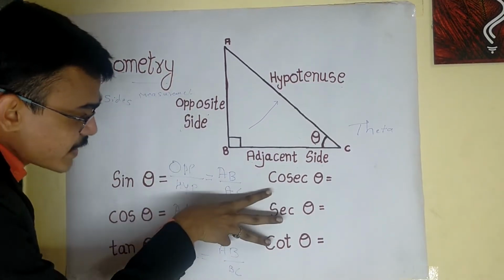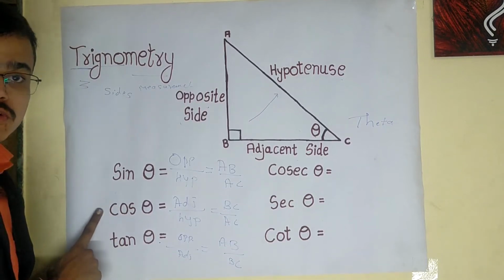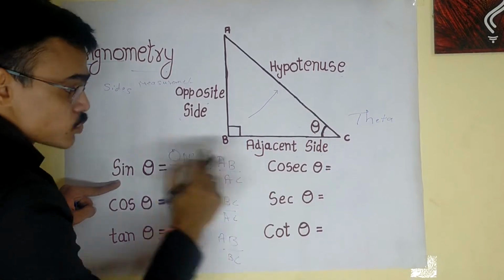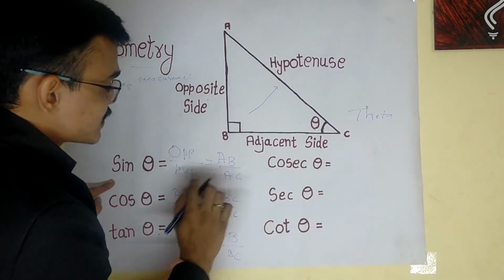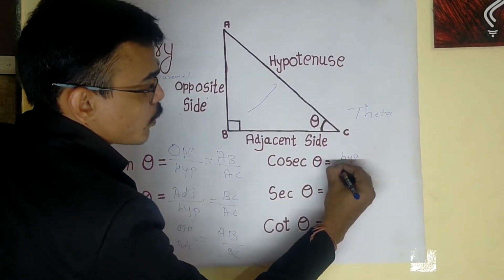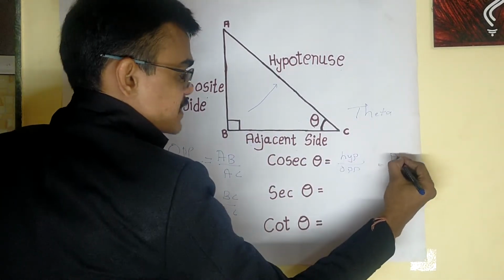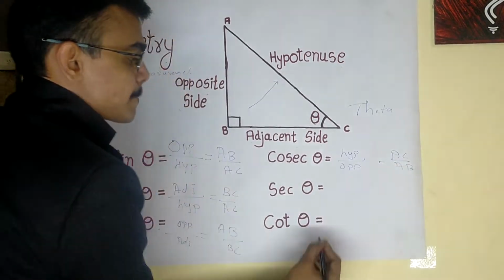Now these 3 ratios are the reciprocals of those ratios. For example, the reciprocal of sin theta is cosec theta, which is hypotenuse upon opposite, so here we can write AC upon AB. What is sec theta?